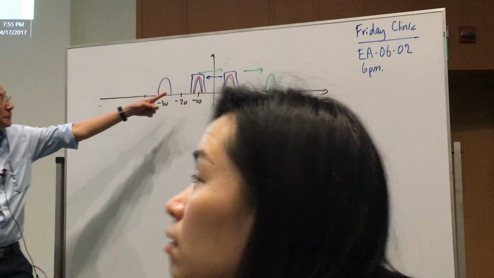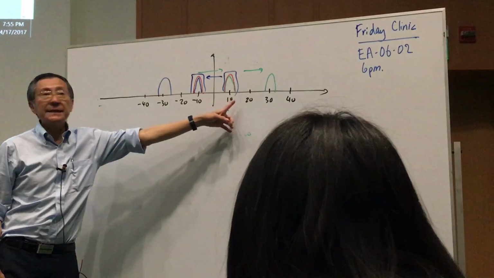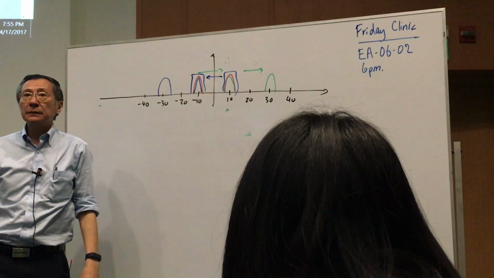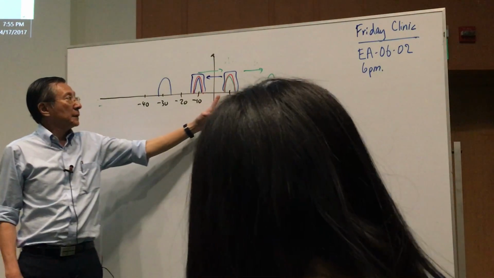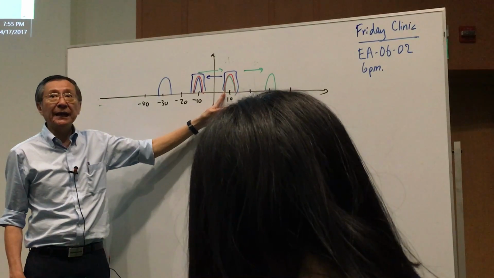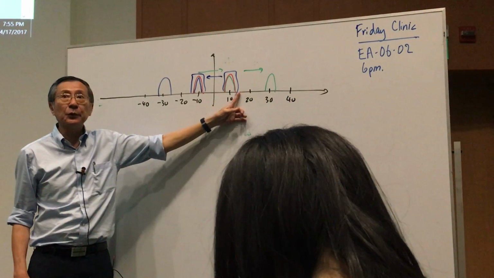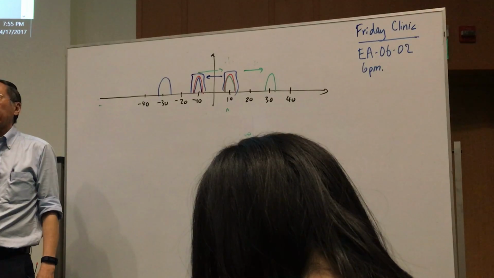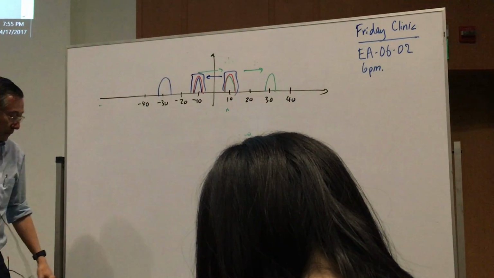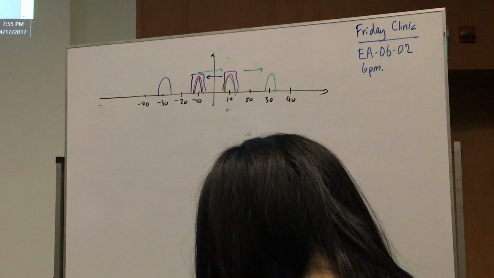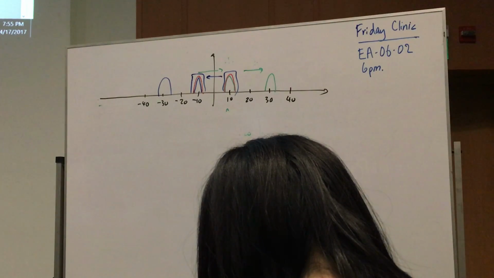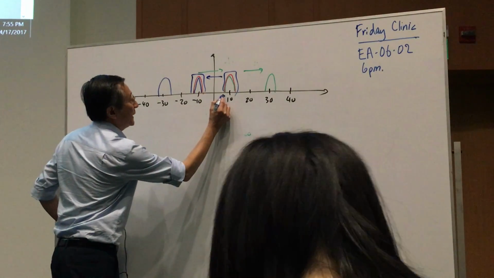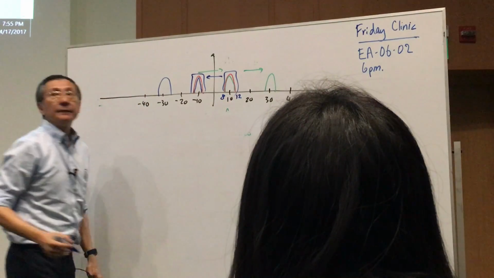A bandpass filter, the blue guy here, a band centered at 10 Hertz. Lower cutoff frequency at 8, upper cutoff frequency at 12. You don't need a stopband. No. Bandpass. So this is 8 and this is 12.